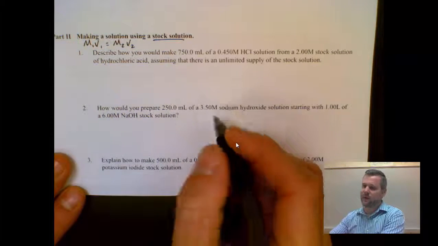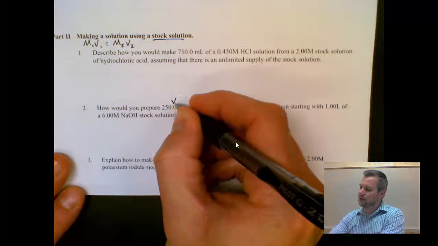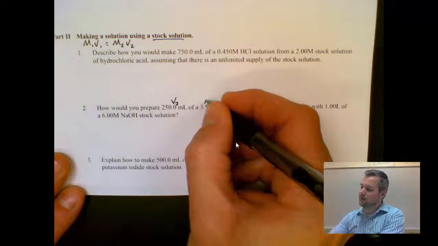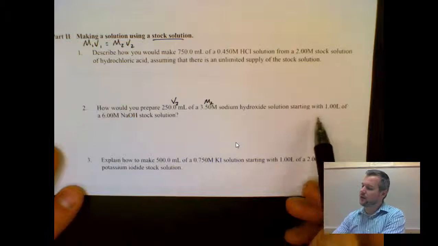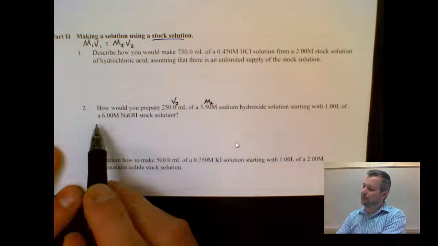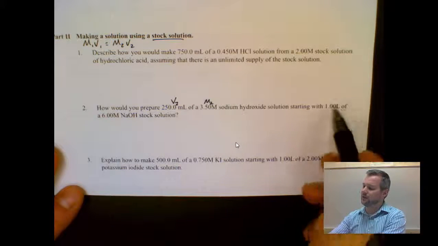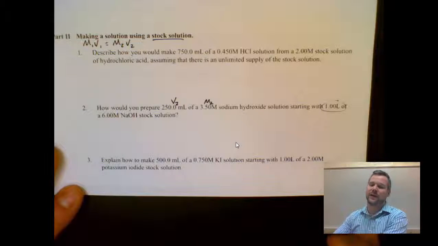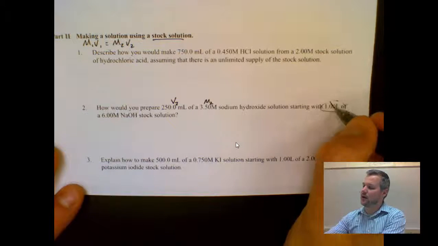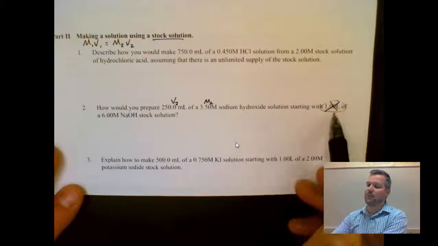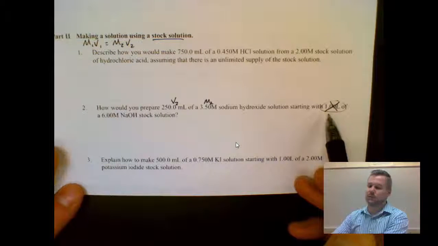The solution you want to prepare, if you just always call that the second solution, so V2, M2, starting with a 1 liter stock bottle that's 6 molar. Now, I'm choosing this problem because this one happens to tell you how much you have of that stock, but we don't actually care about that number because we're going to look at how much of this 1 liter we need to use to make that solution.